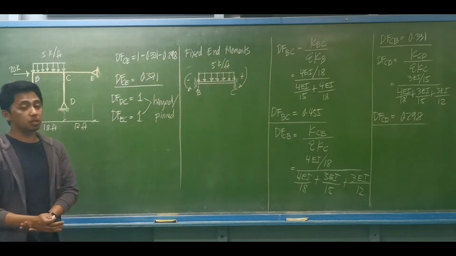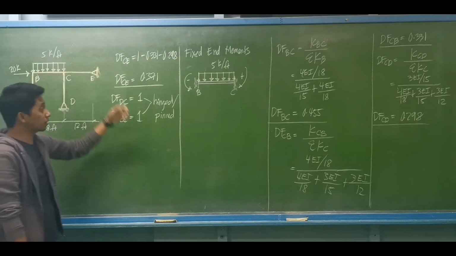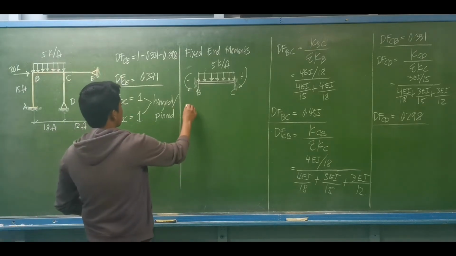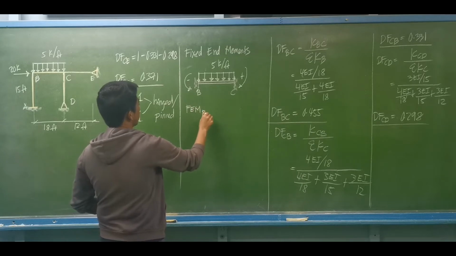So we are only considering span BC if we are to compute for the fixed end moments. Since we have a 20 kips acting at the joint B, it will not contribute to the fixed end moment. So we have the fixed end moment for member BC.